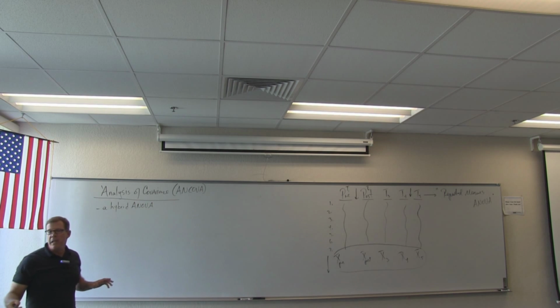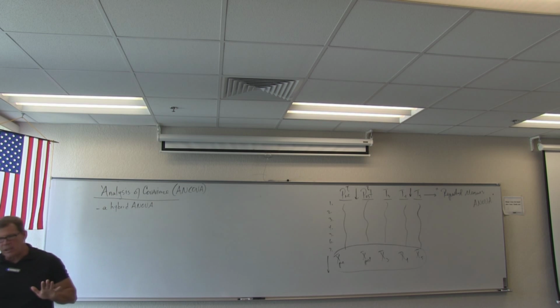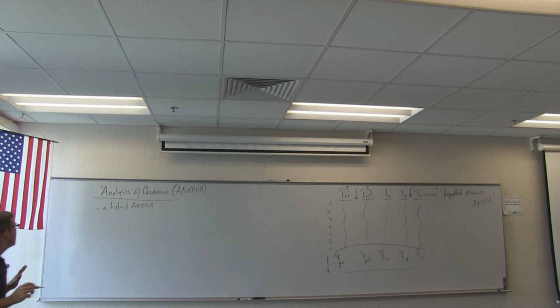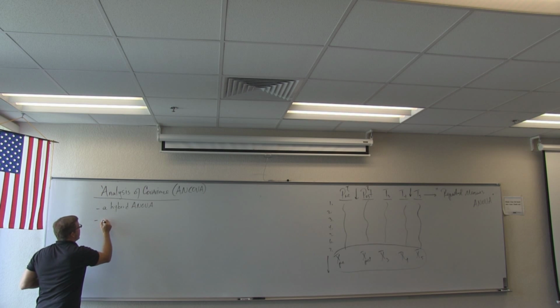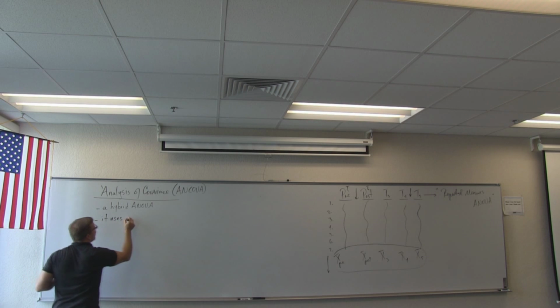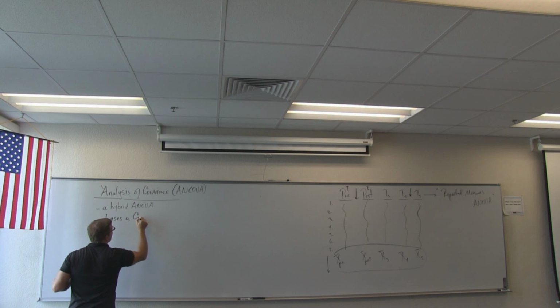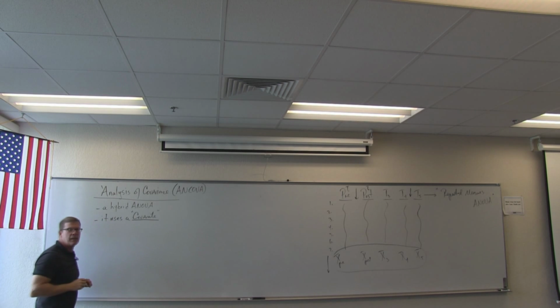And we know what hybrid means from genetics, right? It's been modified a little bit. And it's called a hybrid ANOVA because it uses a covariate. New term here, but not really.